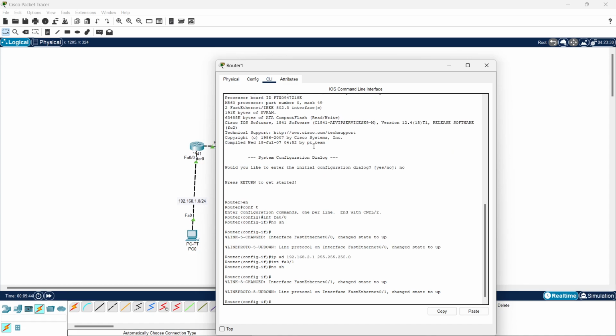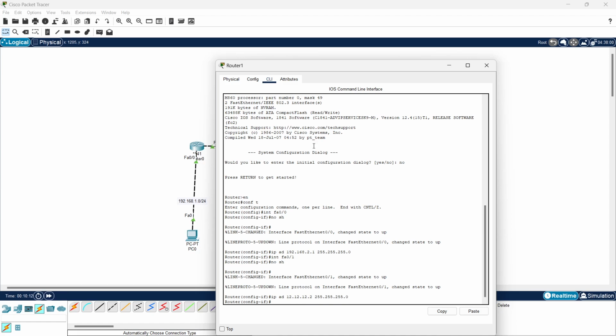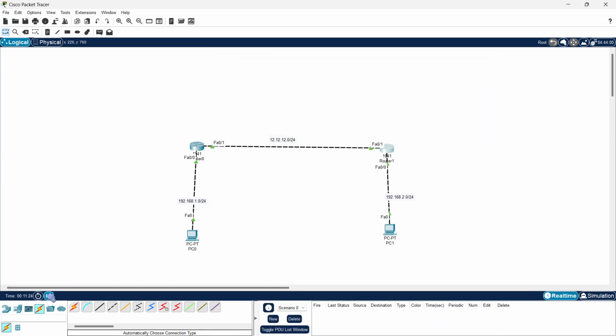After that, we add the IP address for the link between the routers, with the prefix 24 again. So that's all for the configuration of the routing.